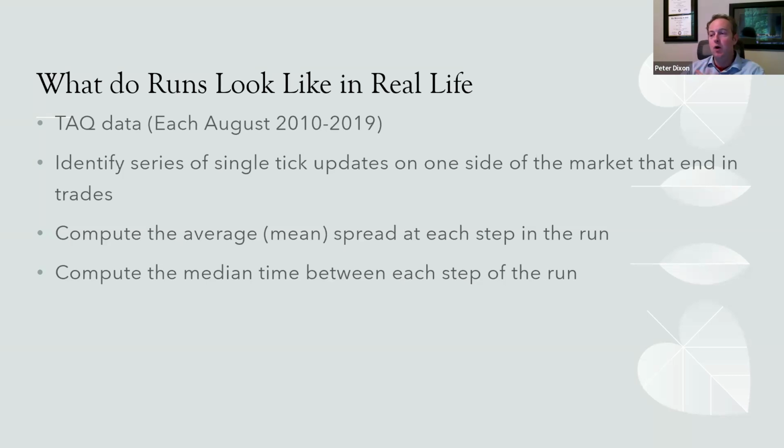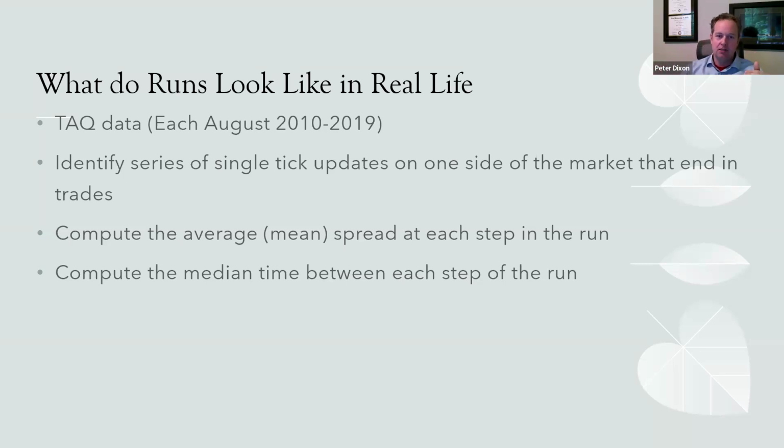So first off, the question is, what do runs look like in real life? What we're going to do is take the TAQ data, and we're going to take from WRDS. WRDS has a full and complete NBBO, which is basically the Holden and Jacobsen edits to the NBBO. Then we're going to divide the quote data into the buy and sell side of the market, and identify series of single tick updates on one side of the market.